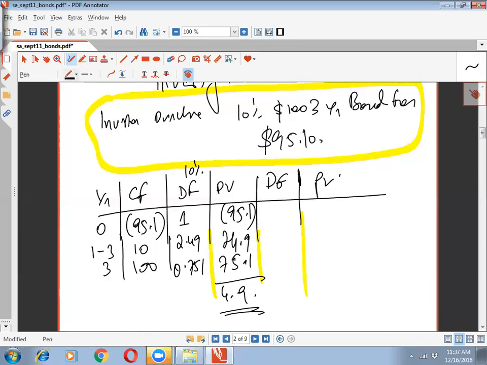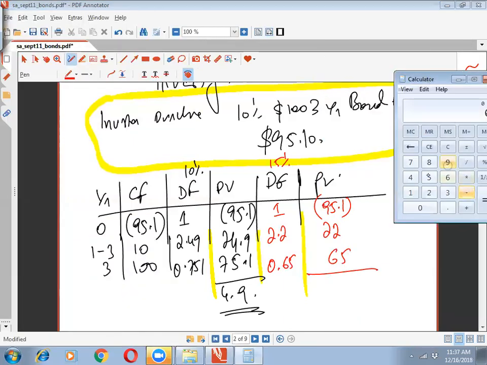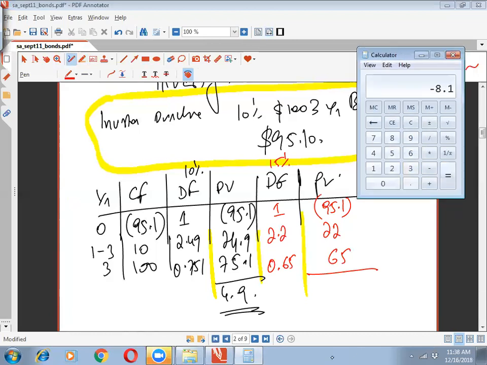Let's take the other discount rate as 15%. If we take 15%, the discount factor is 0.65, and we end up getting negative 8.1.